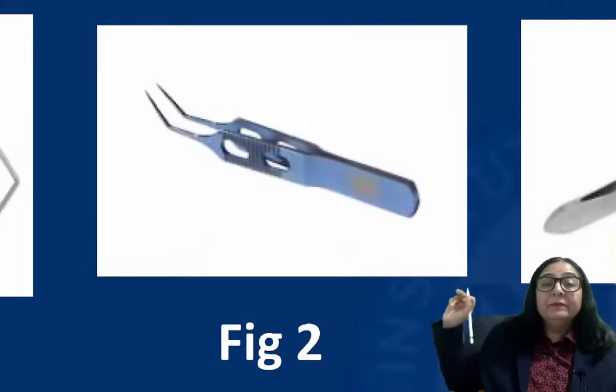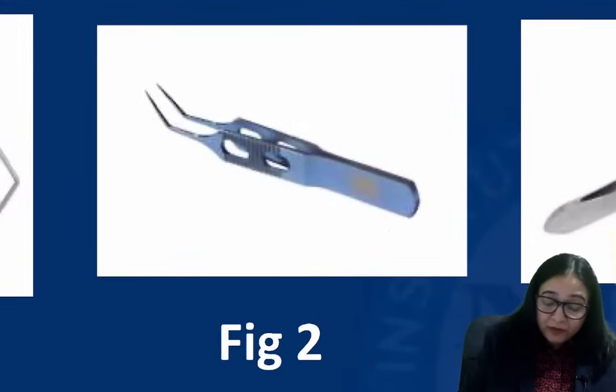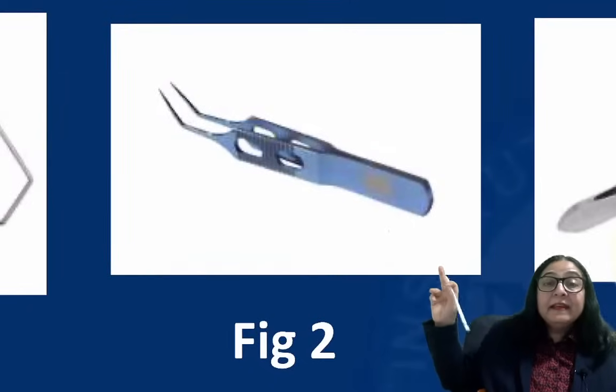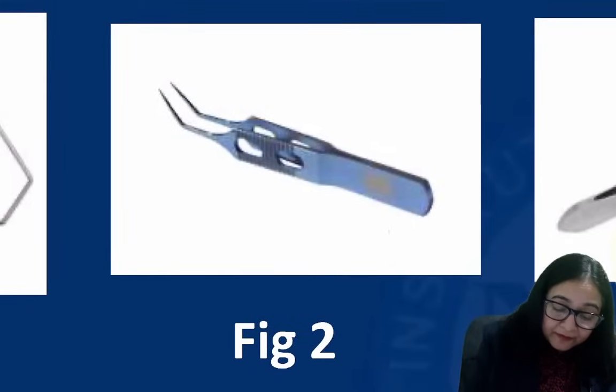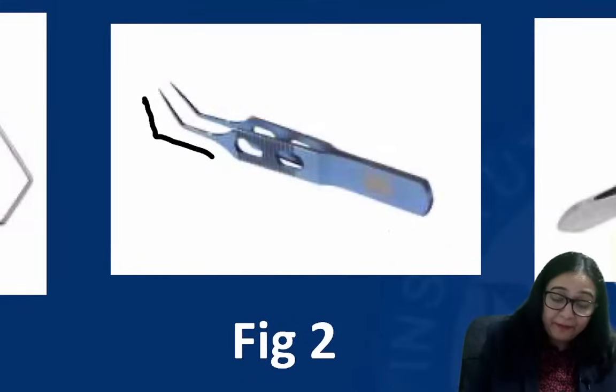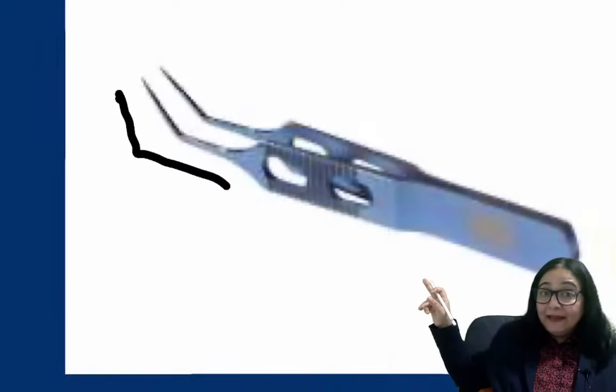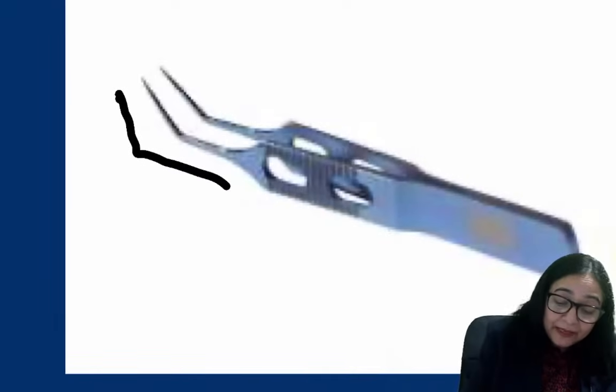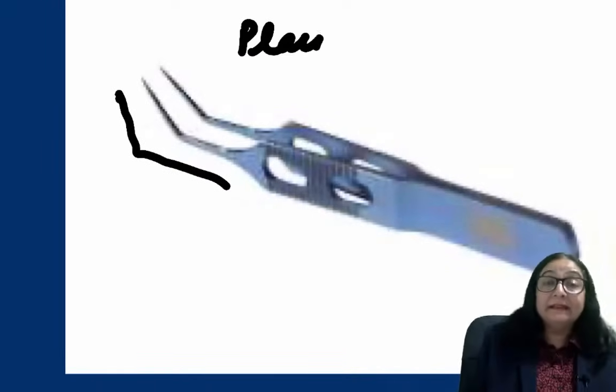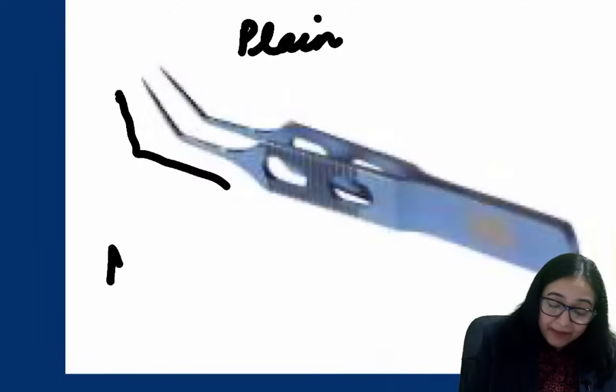Now figure two. Figure 2 is showing you a forceps. If you see clearly, beta, this forceps is a plain forceps. It has an angle like this, and it is a plain forceps, no teeth. So this is your McPherson forceps, bache.